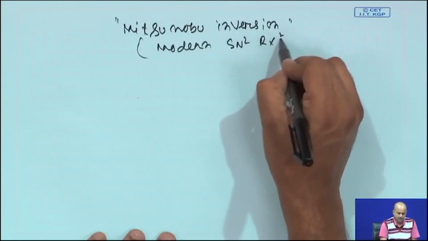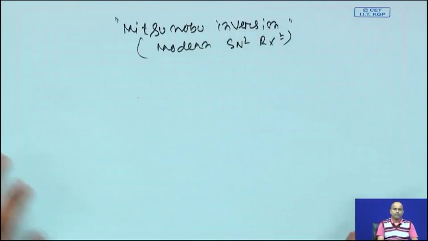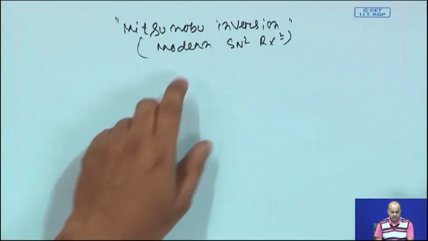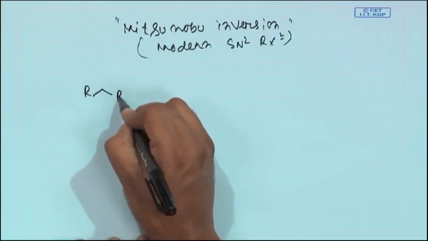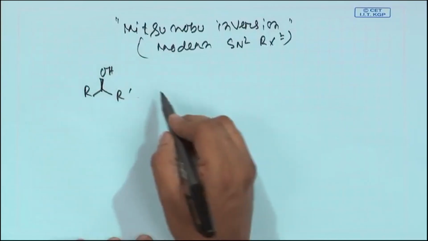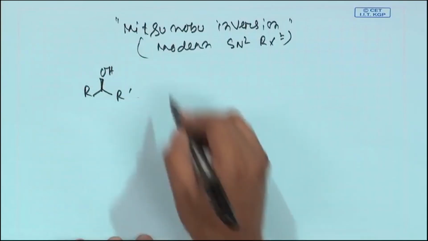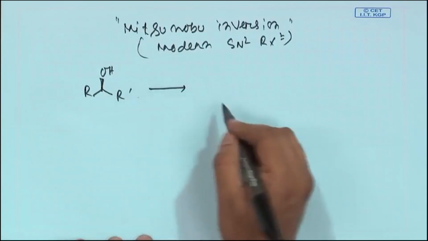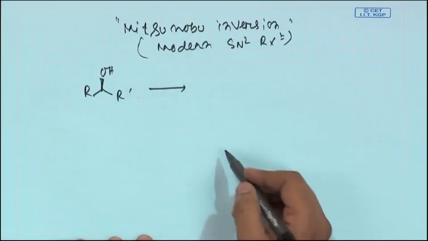Now, this reaction is very important if you are having a stereo center and you want to invert it. Mainly the strategy is focused on an alcohol containing a stereogenic center. For such an alcohol, the Mitsunobu reaction is very important.